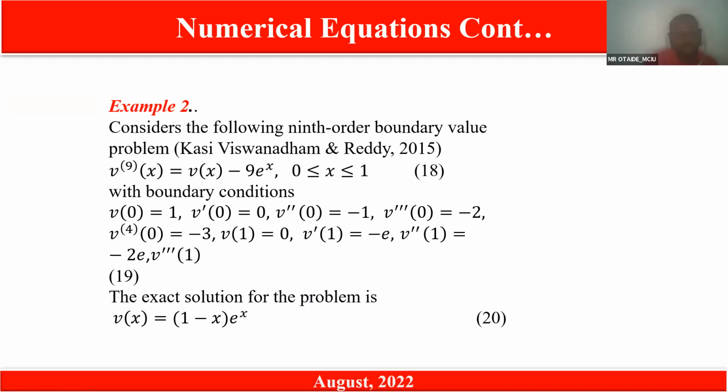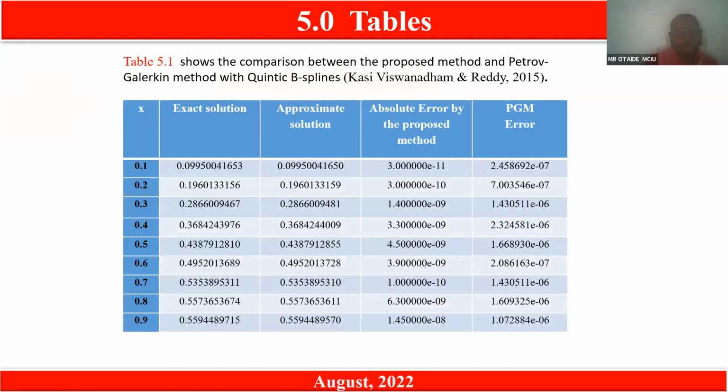So what we do is see table 5.1, which is the table generated from the first example, with the series solution obtained. These are the sample points considered from x equal to 0.1, 0.2 down to 0.9. This is the exact solution of the system, and this is the approximate solution gotten at these sample points.